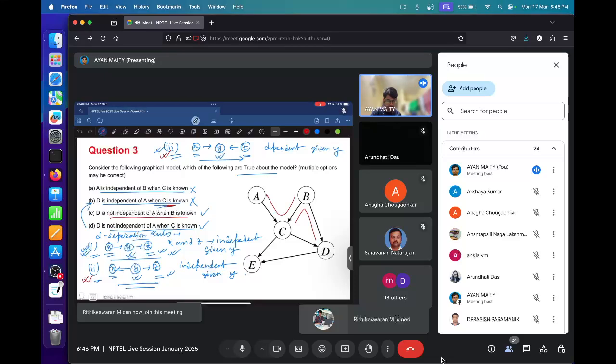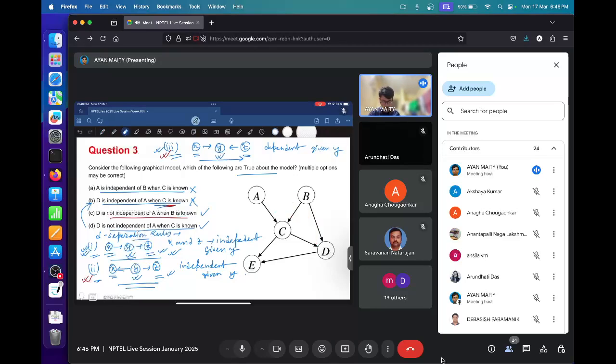So this ACB was not blocked, and this CBD was also not blocked by B. Oh, sorry, B was not blocking this path. So this whole path was not blocked. So we have found one path from A to D which is not blocked by any other nodes.